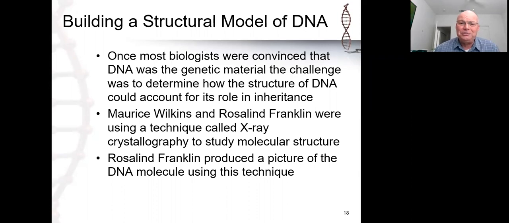Wilkins had always understood that Franklin had been employed to work for him at the college, whereas Franklin always understood that she had been hired to collaborate. She had an independent laboratory, but her laboratory and Wilkins' laboratory would collaborate on the work on proteins, which they initially started working on. And that's why they were doing X-ray crystallography.